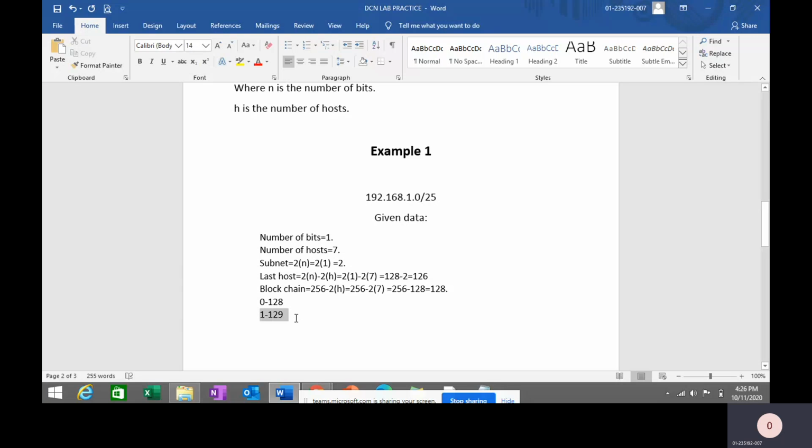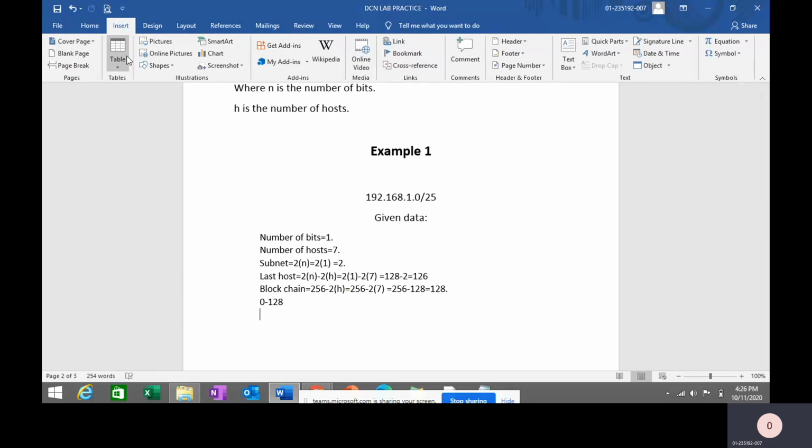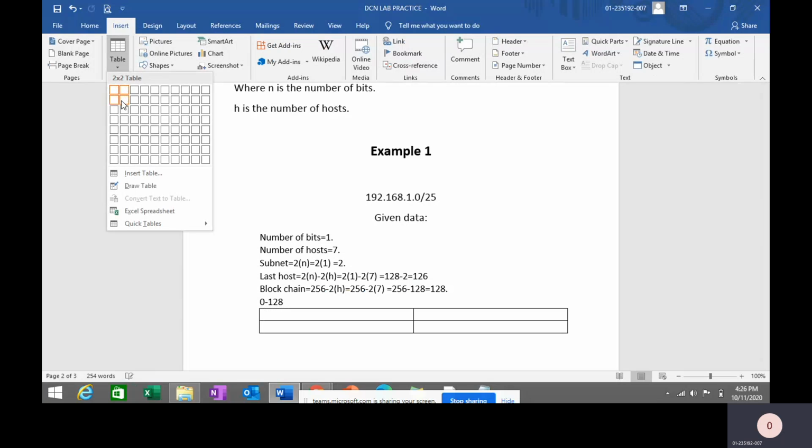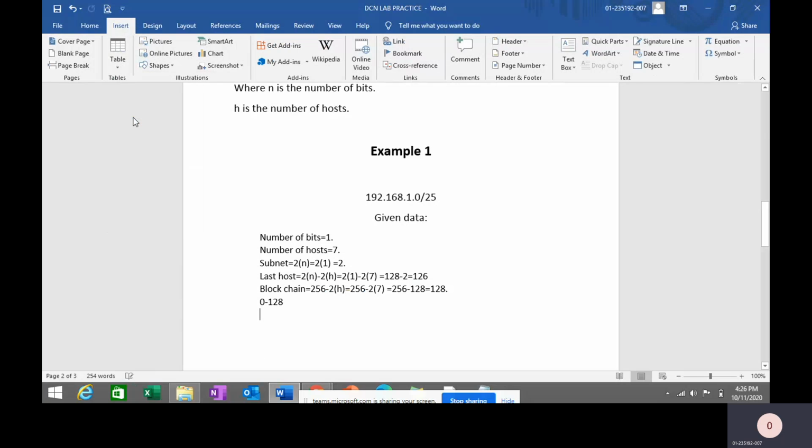So now let us implement this. The problem is almost solved. I will make a table with four columns.